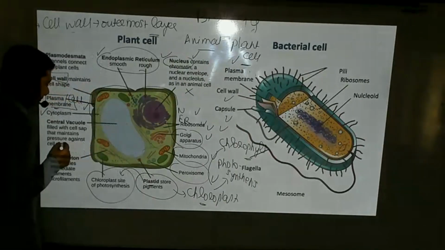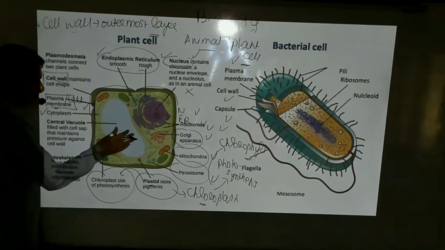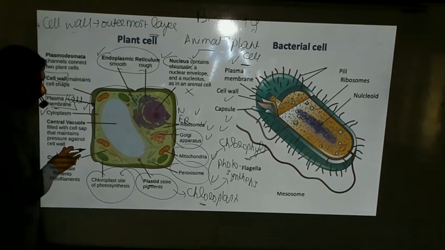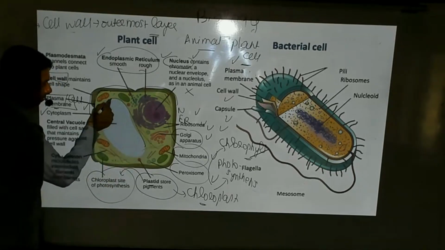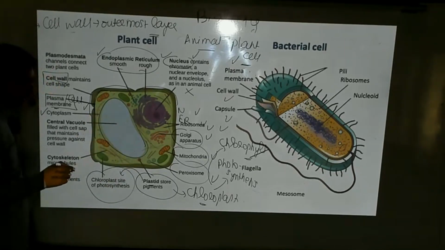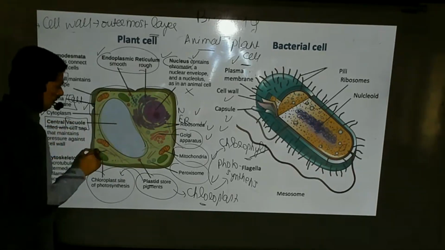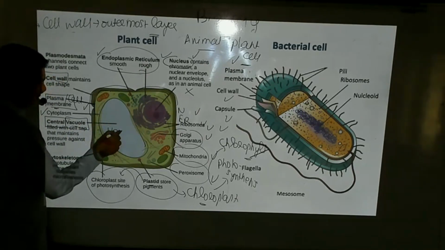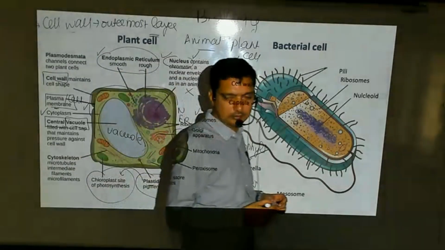Then what else do you see differently here? I think the first look itself should have given you something different in the plant cell, because the nucleus is pushed onto one side. There is one big bubble-like structure found here. What is it? This is called a vacuole, or specifically the central vacuole.